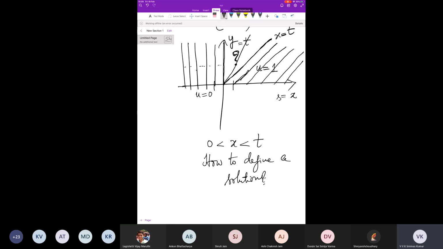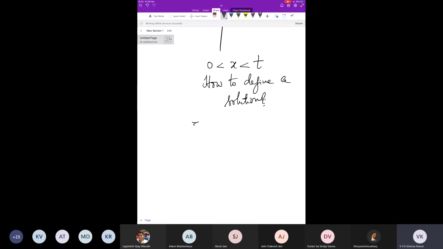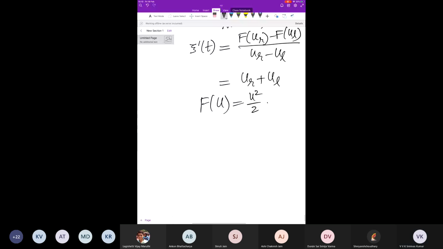One can find xi prime of t: f of u_r minus f of u_l upon u_r minus u_l. Since our f of u is u square by 2, this is nothing but u_r plus u_l by 2. So what this is equal to, u_r plus u_l is 1, right?